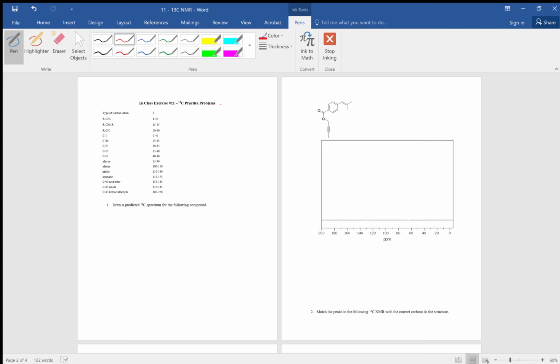So what you should have come up with is that we should have 12 peaks in this spectrum.